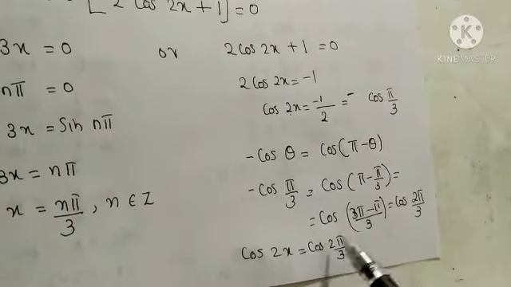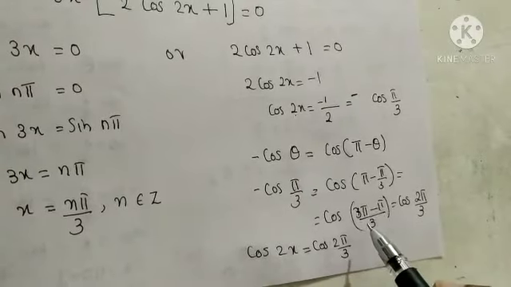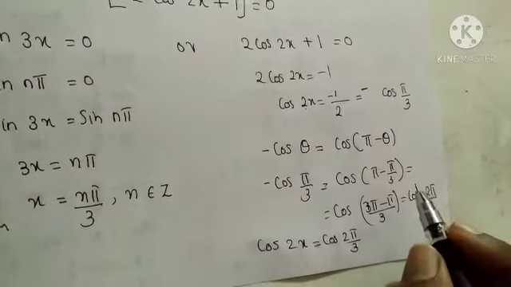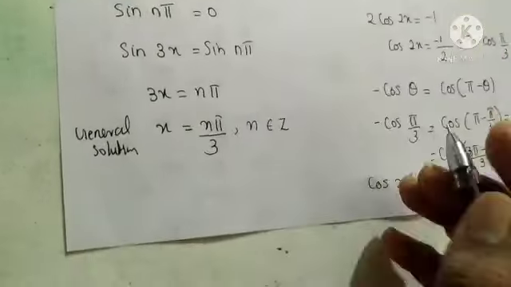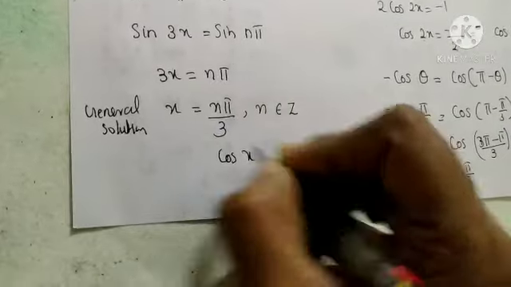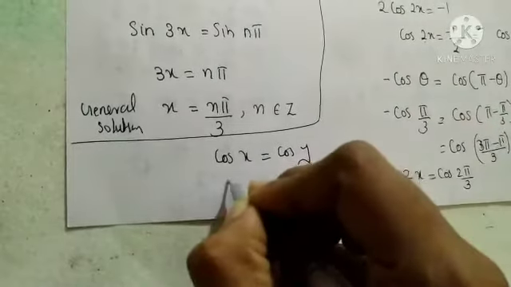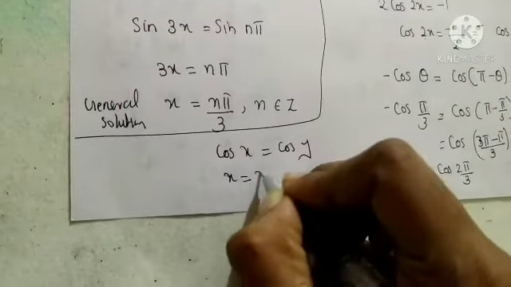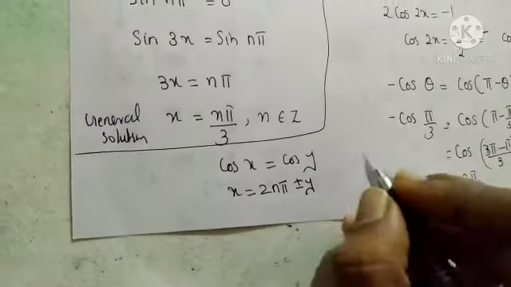It is a positive angle, between 0 and 2 pi. Next, in general solution, if cos x equals cos y, the general solution is x equals 2n pi plus or minus y.